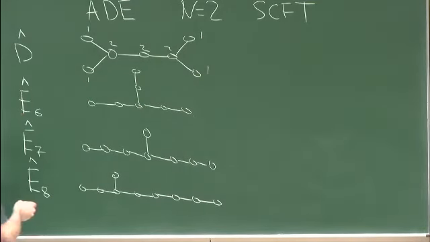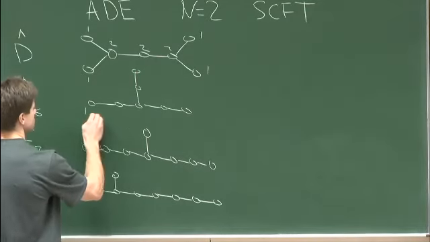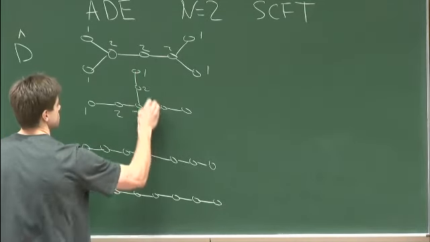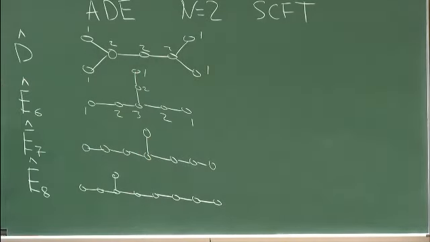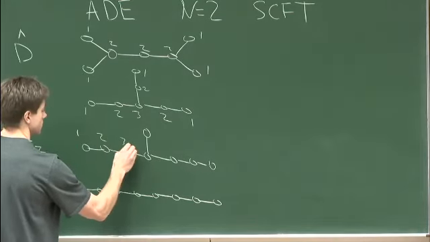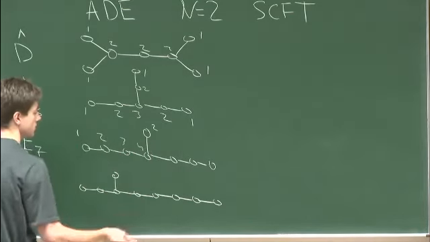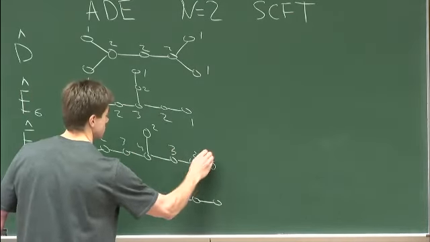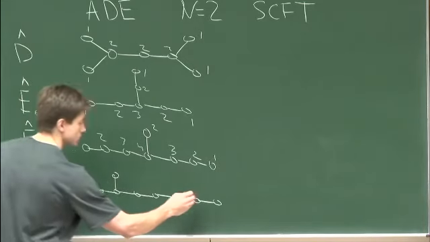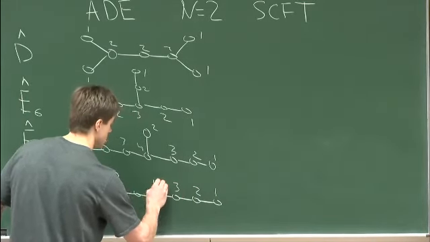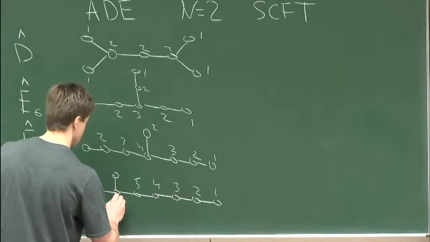For E6, that would be 1, 2, 3, 2, 1, 2, 1. Here it would be 1, 2, 3, 4, 2, 3, 2, 1. And there it would be 1, 2, 3, 4, 5, 6.